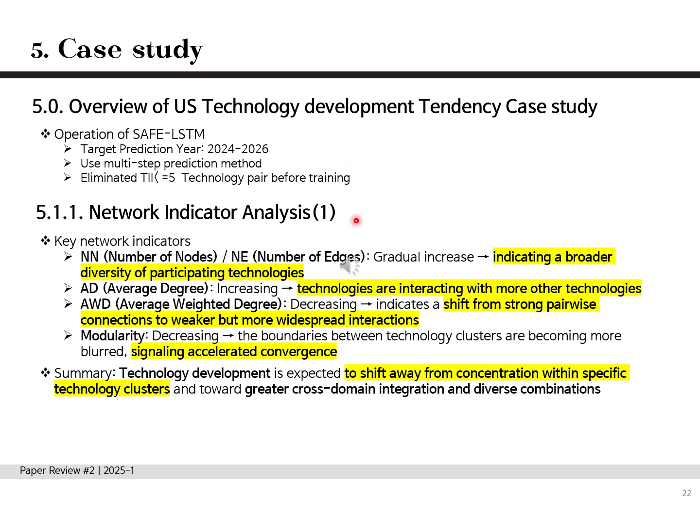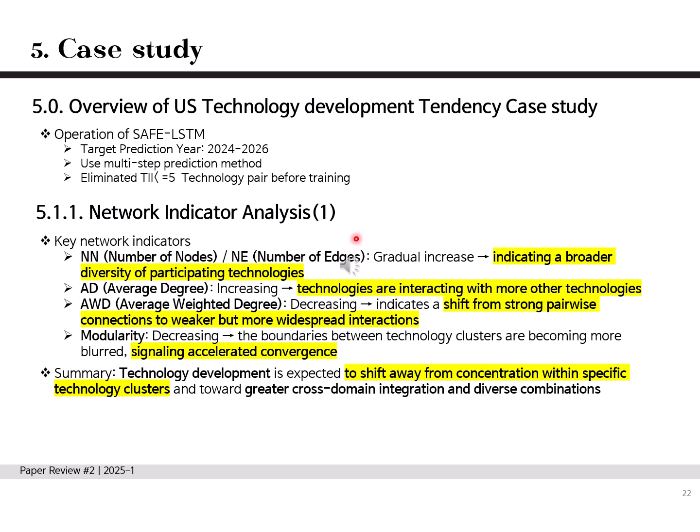As for the network indicator analysis, they used NN or NE as key network indicators, and they showed a gradual increase, which indicates a broader diversity of participating technologies.